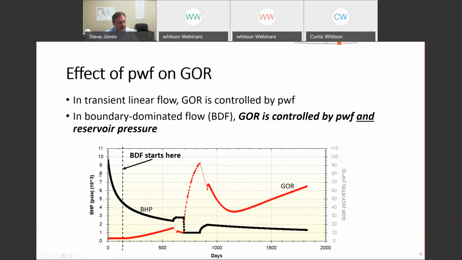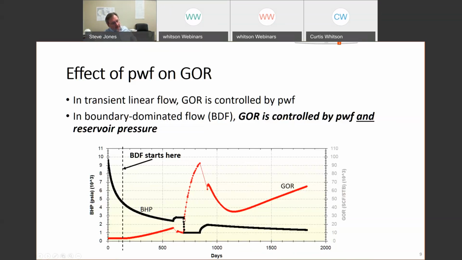And again, I'm plotting bottom hole pressure on the left y-axis, the black line, and the red line is gas oil ratio on the right-hand axis. And what you see is that the GOR begins to rise really about the time you get into boundary dominated flow. And it continues to rise as we reduce bottom hole pressure.